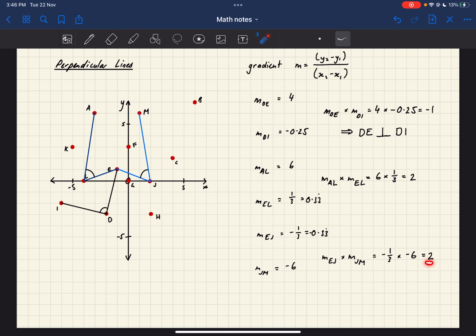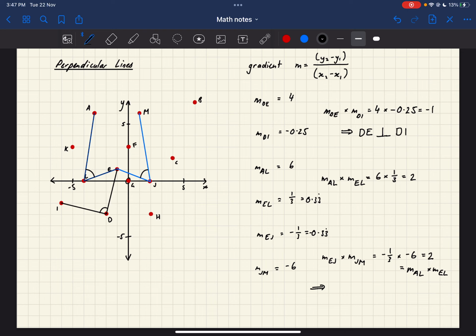But this is the same as this. So that means that this angle here is the same as this angle here. So this is equal to the gradient of AL times the gradient of EL.